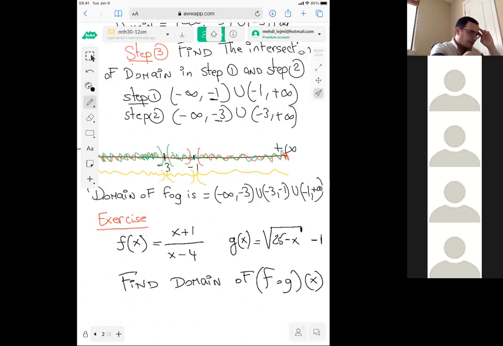The difference here with the example is that my g is a square root, so just be careful. For a square root, we said for the domain you need to take what's under the square root larger or equal to 0. Anyway, please follow the same steps and try to find the domain of f composed with g of x.